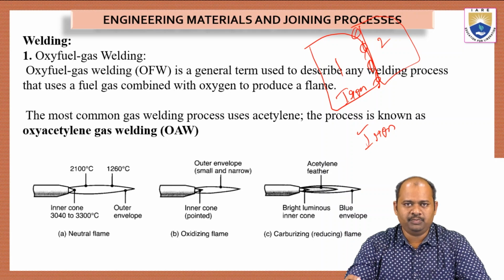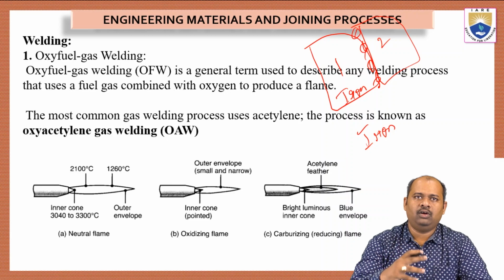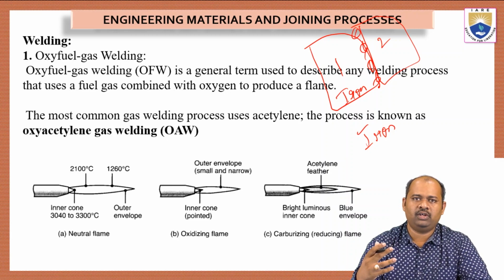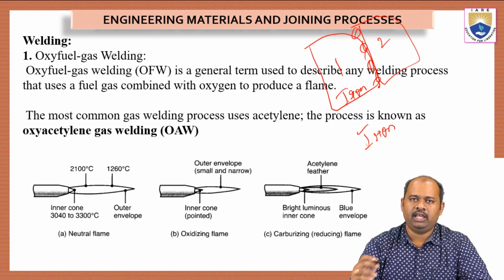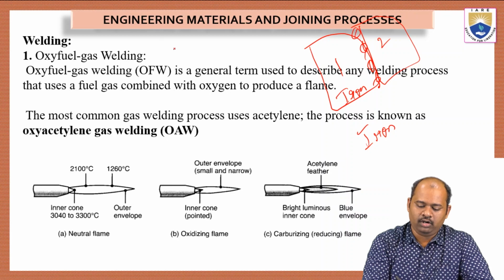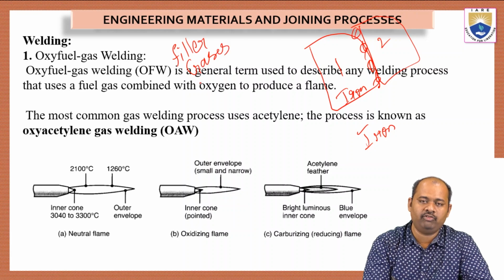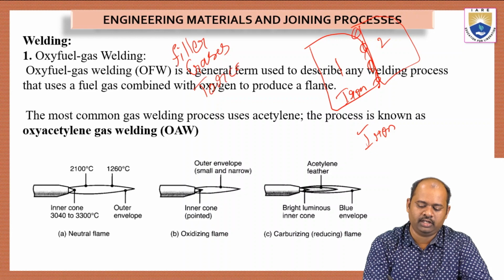In this manner, we can join two plates by using a technique called oxy-fuel gas welding. The main requirements or apparatus for this process are a filler rod, or filler material, some gases, and some equipment, that is a welding torch and so on.